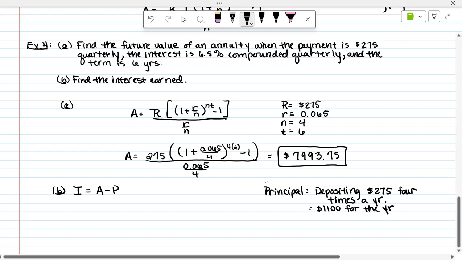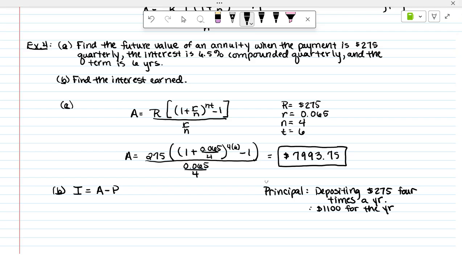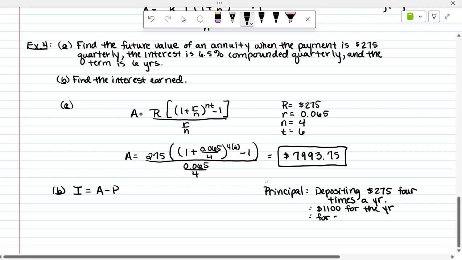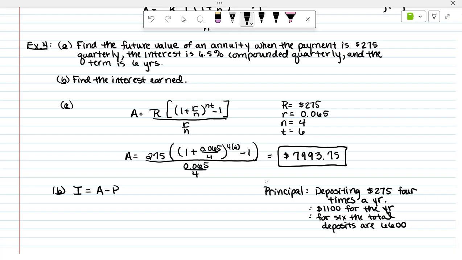Now, how much is that for all 6 years? For 6 years, the total deposits are $6,600. Because that's what that tells me. I paid in $6,600, and at the end of 6 years, I've only got $7,993. I didn't get much in interest there.